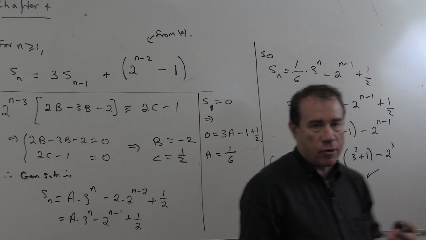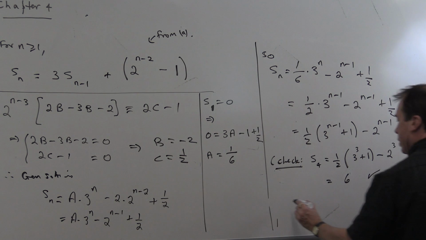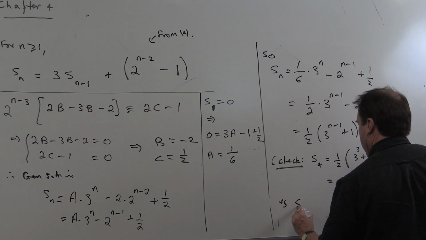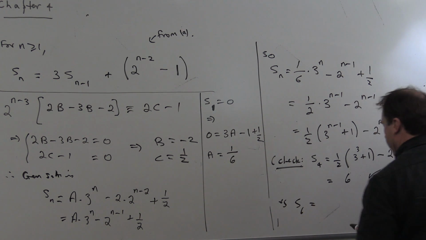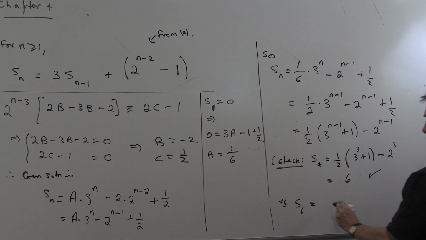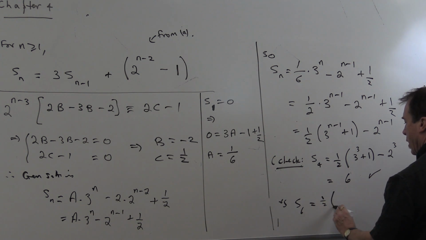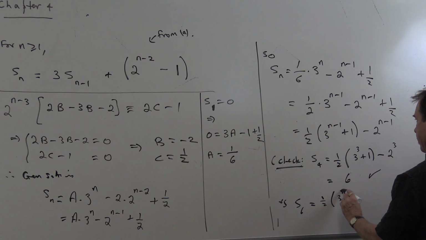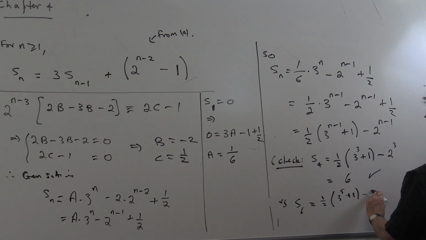And we could now calculate, for example, if we wanted to know how many ways of splitting up the numbers from 1 up to 6 into 3 disjoint non-empty sets, then I could plug in 6. So I'd get 1/2 times 3 to the 5th plus 1 minus 2 to the 5th.